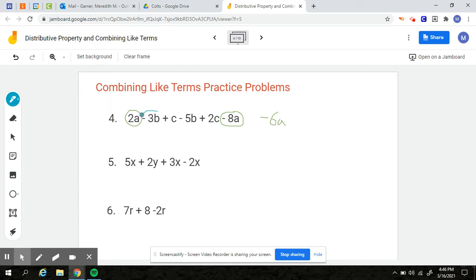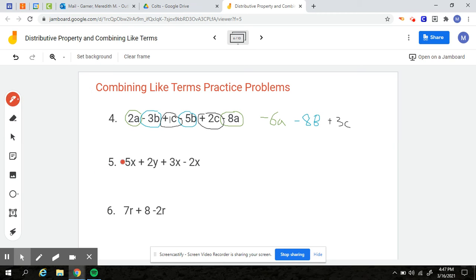Doing my B's now, I'm going to have -3B and a -5B. That should give you -8B. And then my last part here is the C's, +C. Remember, that's a 1 and a +2C. So 1 plus 2 will give you 3 C's. All right, so notice I have that big, long equation, and look at how much shorter I can write it. That's what we mean by simplifying.